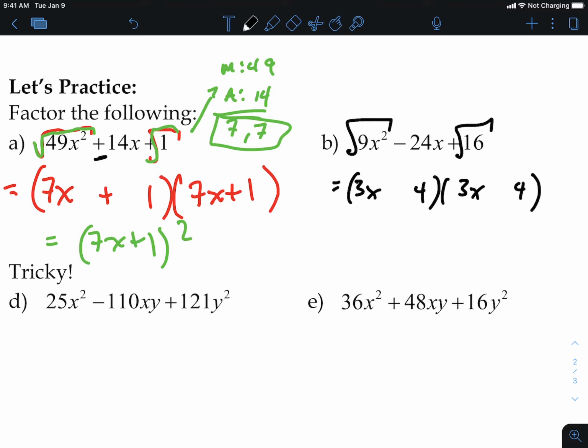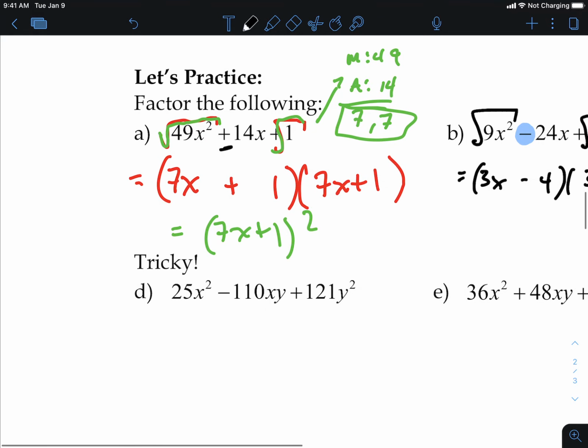What sign's going in the middle? You always square root the first, square root the last, take the sign from the middle. Those are your 3 steps. If you see a perfect square trinomial in your head, you're going to go square root first, square root last, sign from middle. Done.